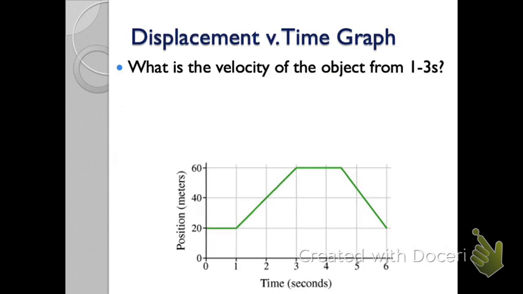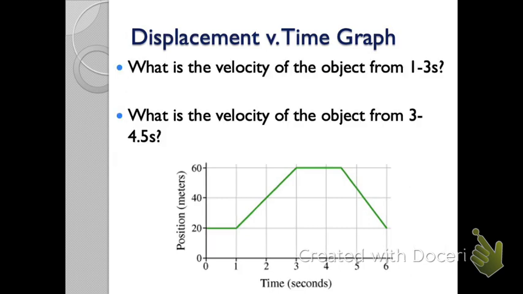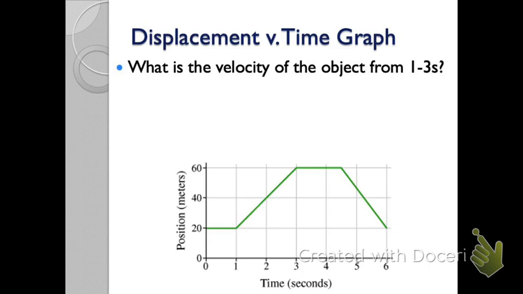All right, what's the velocity of our object from 1 to 3 seconds? Well, we just calculated that, but let's go ahead and write it out. The velocity from 1 to 3 seconds is this interval right here, and we already said we're going up 20 over 1. So my velocity has to be 20 meters per second.